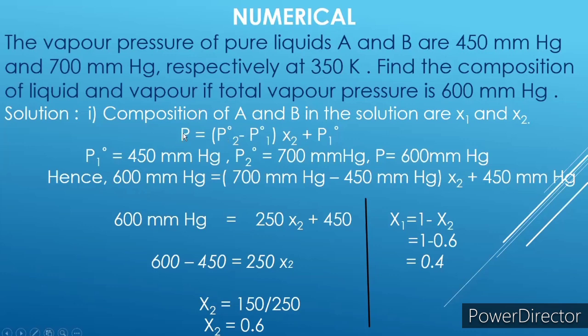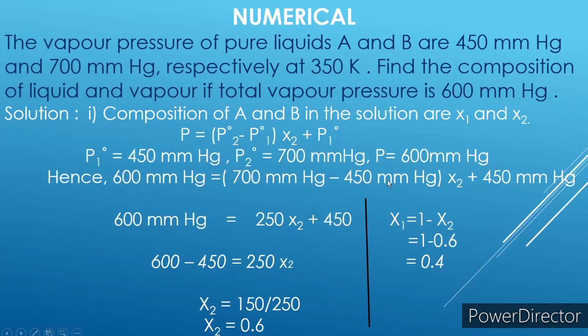Let us substitute all these values in the equation. We get P total, 600 millimeter Hg, equals (700 minus 450) into X2 plus 450.